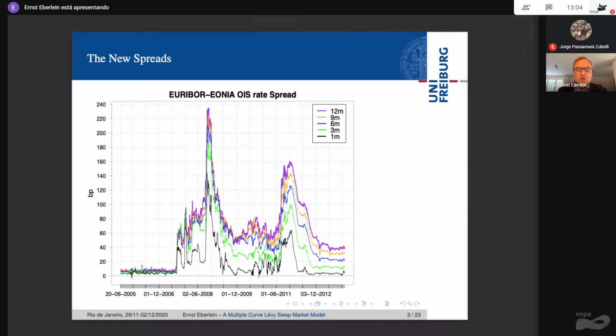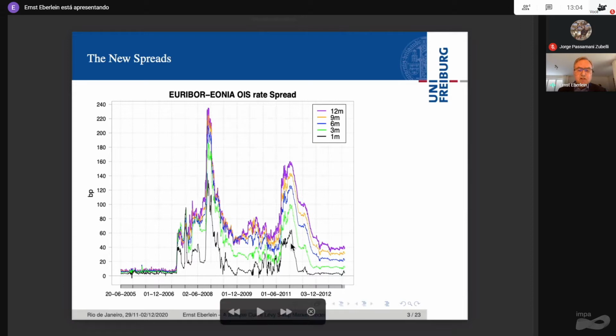Now, the proof for the riskiness of this market was delivered roughly 1 year later, where this peak is shown in the picture, when Lehman Brothers collapsed on September 15 in 2008.